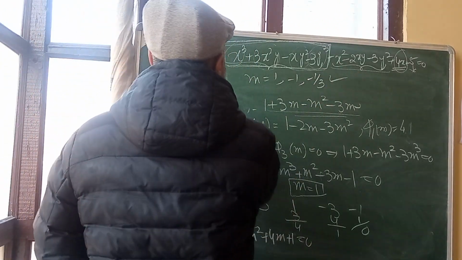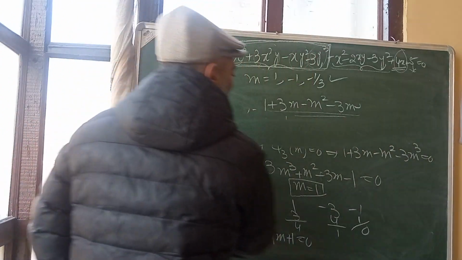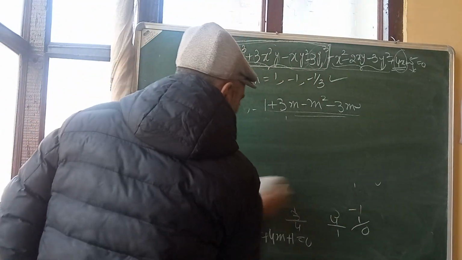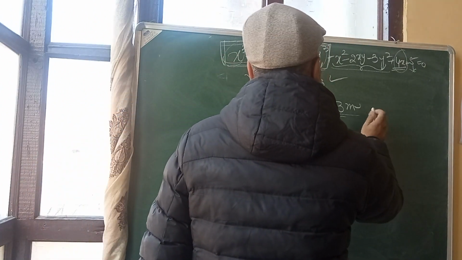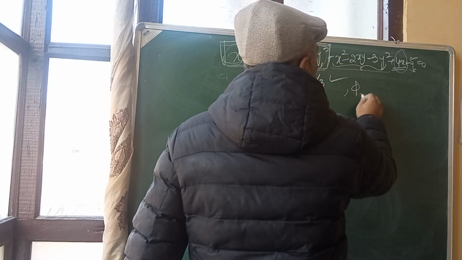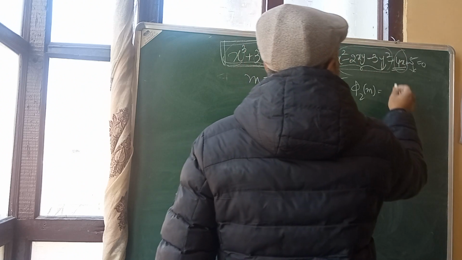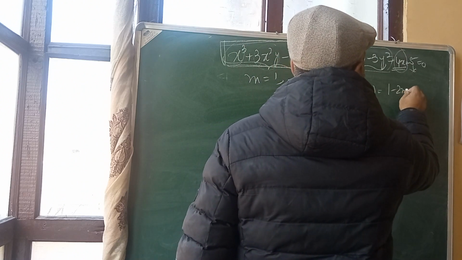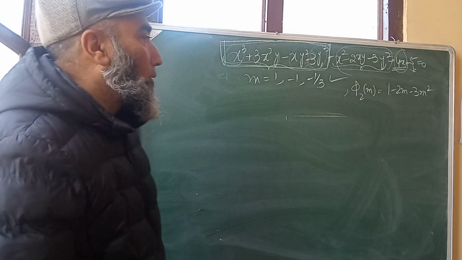Now, what is phi 2m? In those terms, I have to put x equal to 1, y equal to m, and this is phi 2m. You can have phi 1m also.